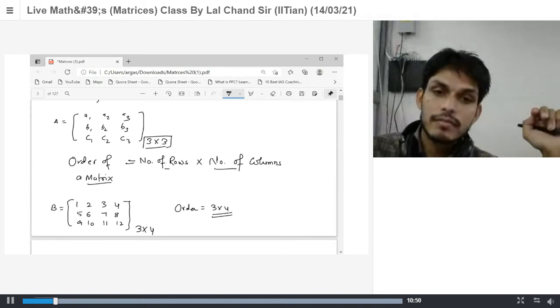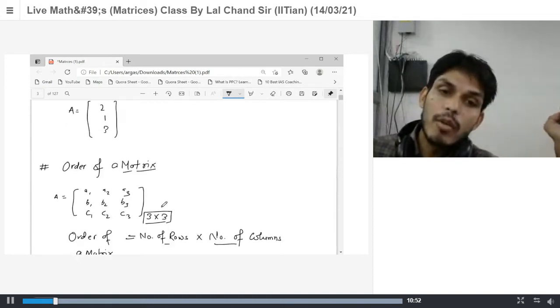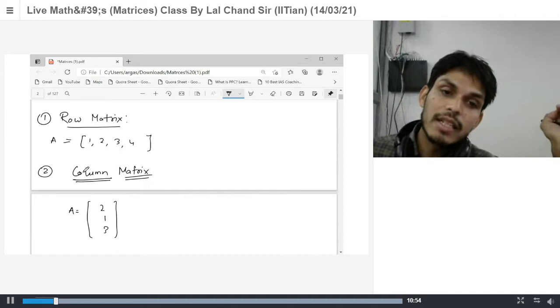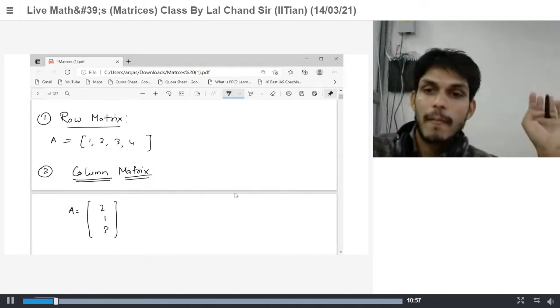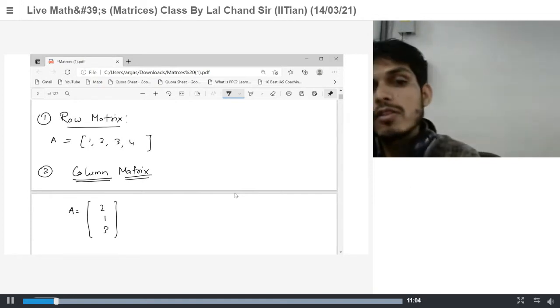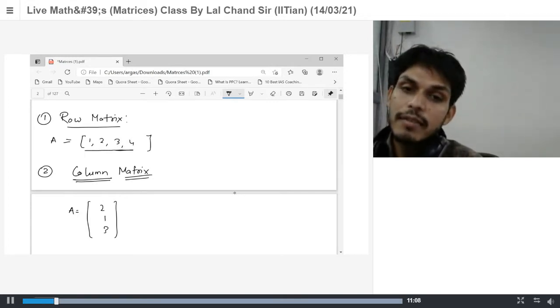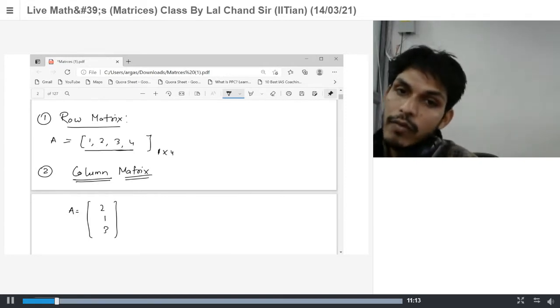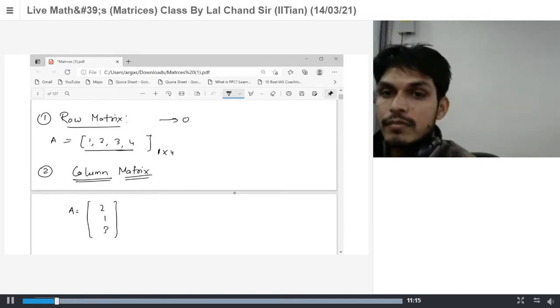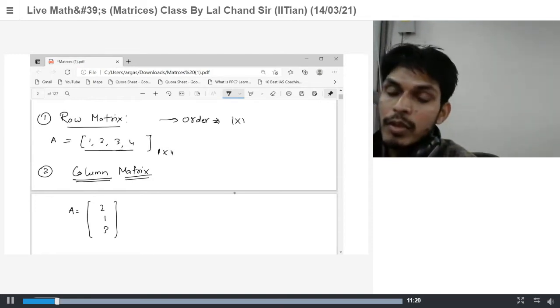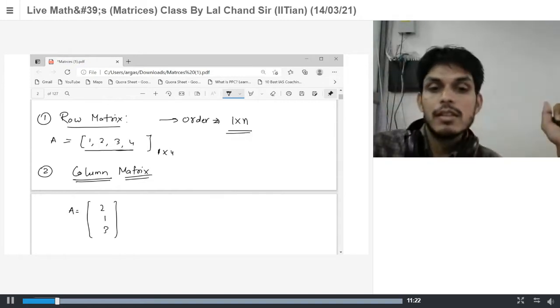Okay. So now if we talk about the order of the first and second matrices, the row matrix has 1 row and 4 columns. So we can say 1 cross 4. If it is a row matrix, then the order will always be of the form 1 cross n.